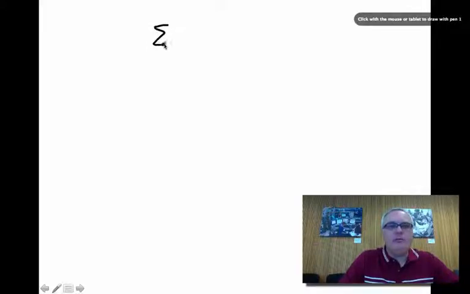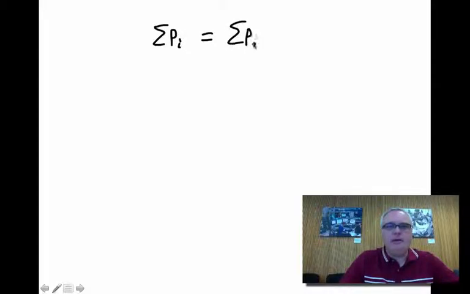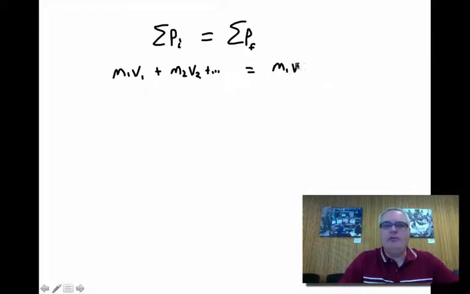So, the total momentum before any event has to be equal to the total momentum after the event, right? So however many different objects you have, you just add up the individual momentums of each one and you set it equal to the momentum of each object after the collision, right?